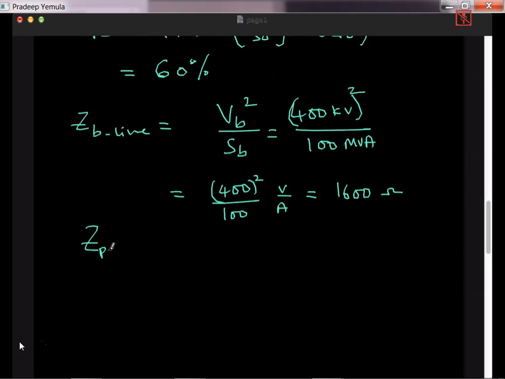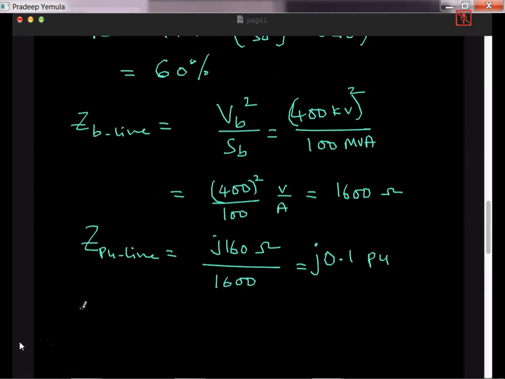Therefore Z per unit for the line, J 160 ohms divided by 1600, is J 0.1 per unit.